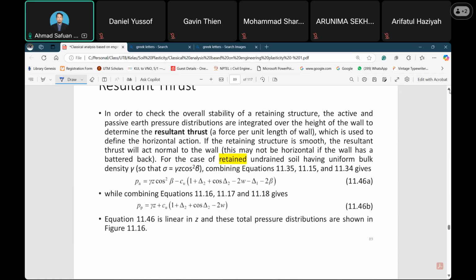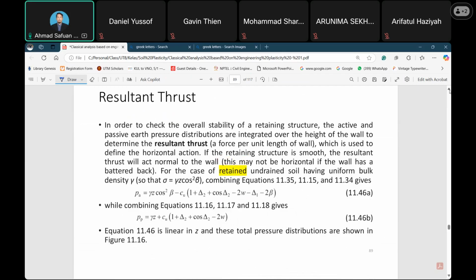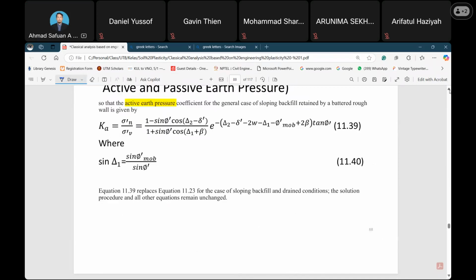So that is for the sloping backfill. For the KP, usually for the passive, it is not normal to have a slope. That is why it is only for the active.